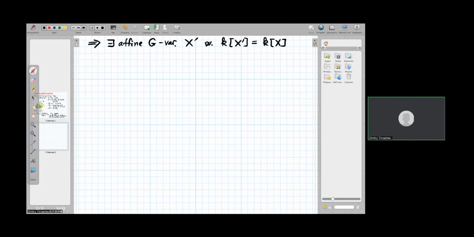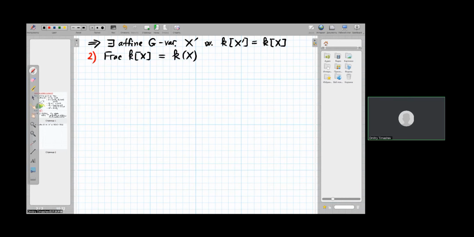Now the second step of the proof is to show that the fraction field of the algebra of regular functions on X is the whole field of rational functions on X. Recall that we don't know so far that X is affine, so this is a non-trivial statement.